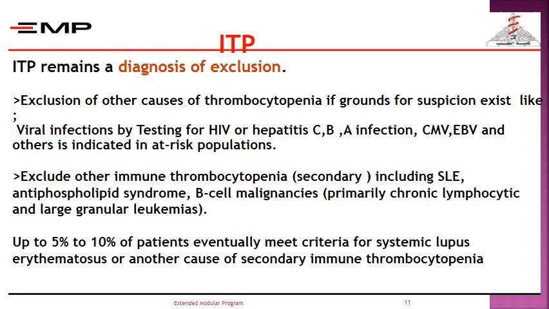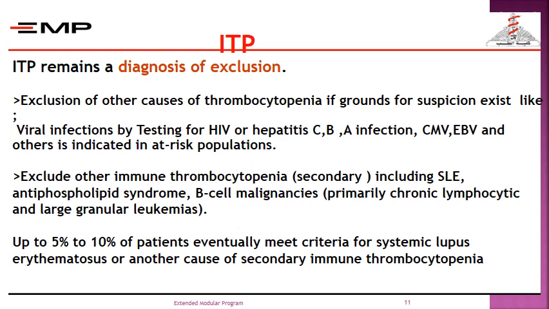ITP remains a diagnosis of exclusion. This means we have to exclude other causes of thrombocytopenia, as we mentioned before, before diagnosing thrombocytopenia as idiopathic or primary immune thrombocytopenia.